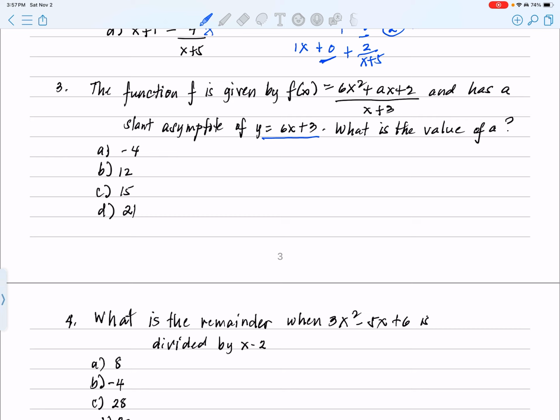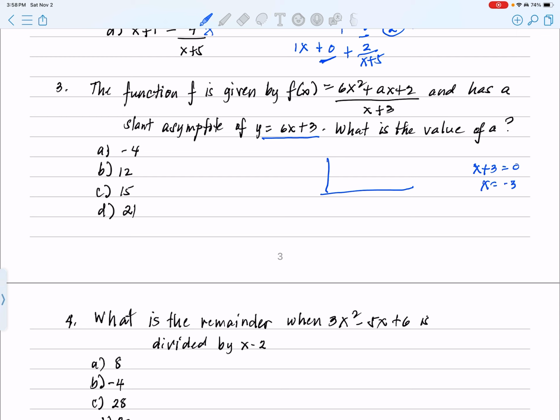Let's do this using synthetic division. So I have x plus 3 equals 0, x is negative 3.